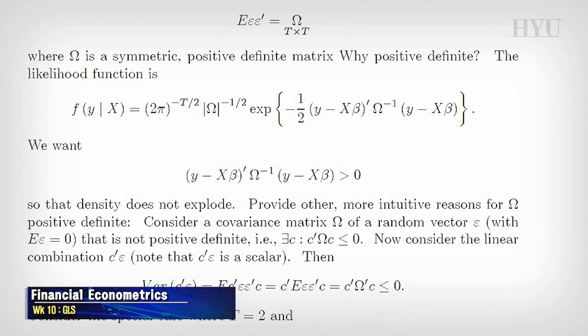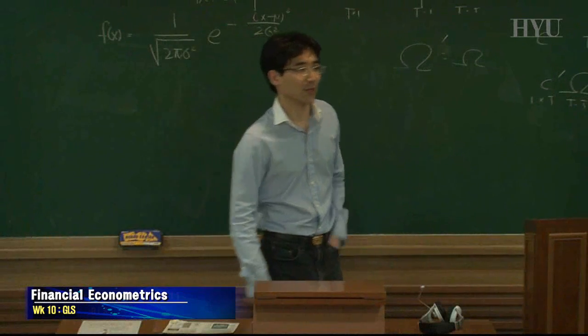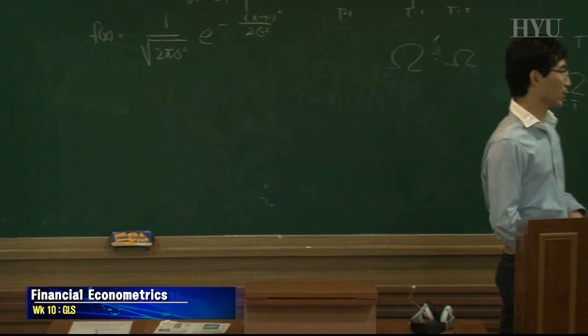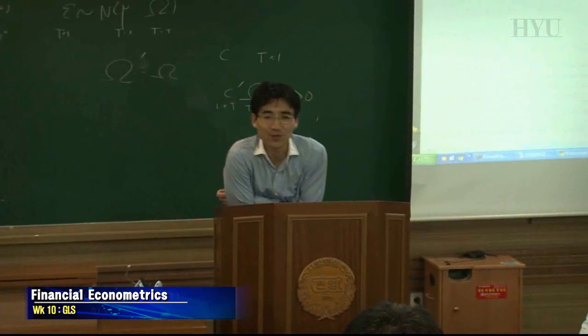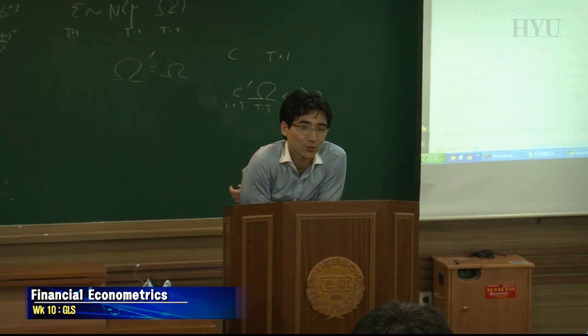The variance of C' epsilon becomes less than or equal to 0. Variance cannot be non-positive; variance should be greater than 0. Therefore, omega should be positive semi-definite. If it is not, there is a weird case such that the variance of the random variable becomes negative or 0.